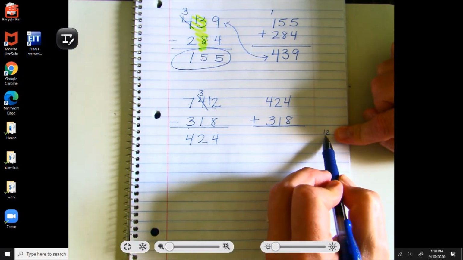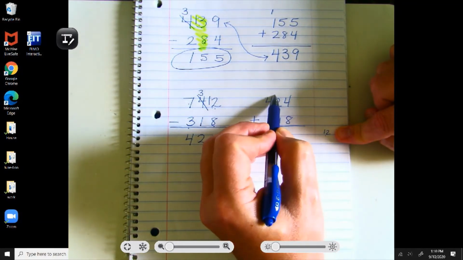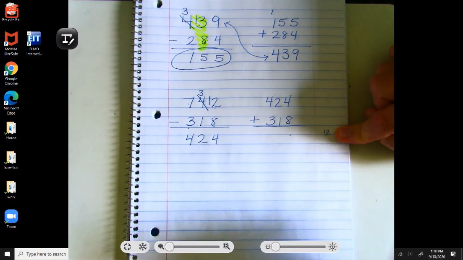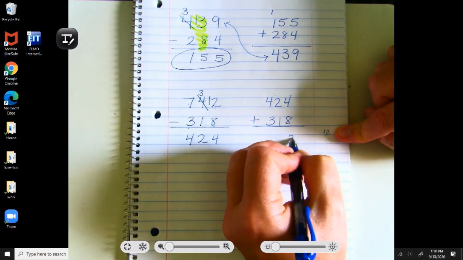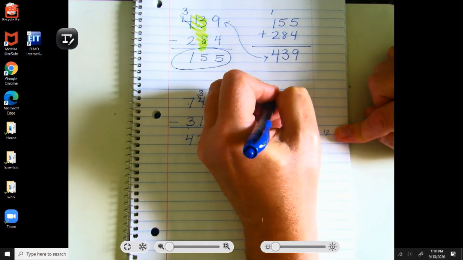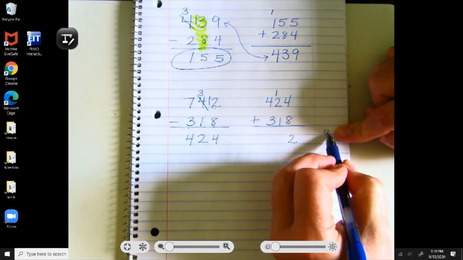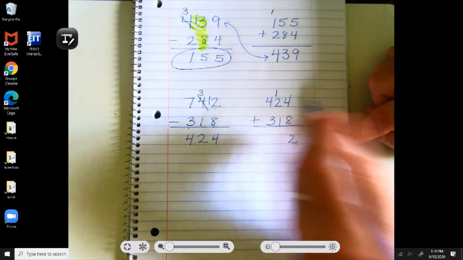Here's the spot that I've been seeing people are having a difficult time with. They're having trouble remembering what to leave here and what to exchange. So remember, you want to leave your ones and exchange your tens. Right? Leave the ones and exchange the tens.